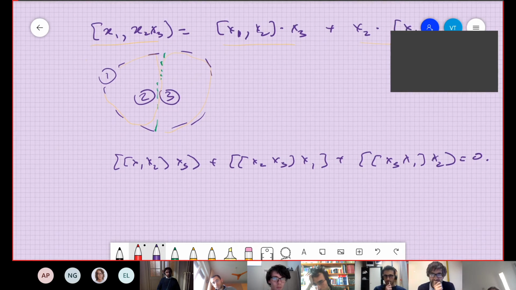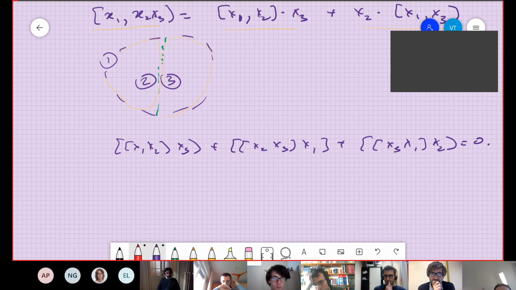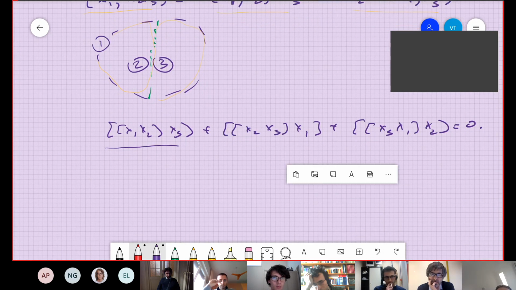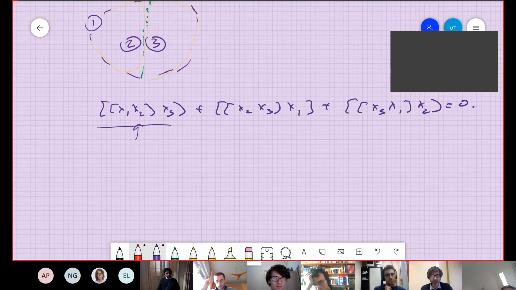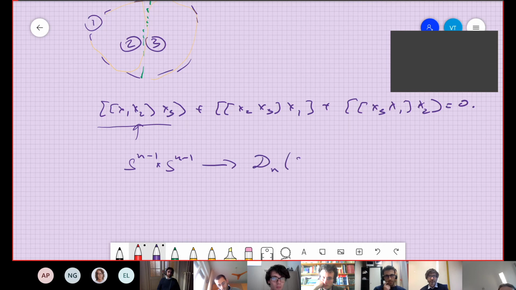And so you see that elements like this can be seen as, if you want to describe this element, it can be described as a product of two spheres, right? So S^(n-1) times S^(n-1) gets mapped to configurations of 3 points in R^n, or configurations of disks D^n of 3.